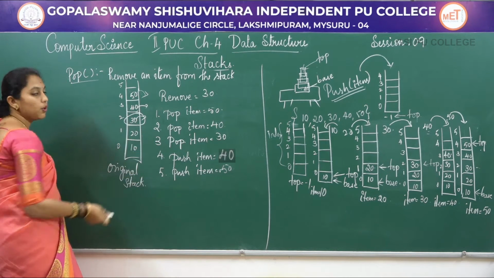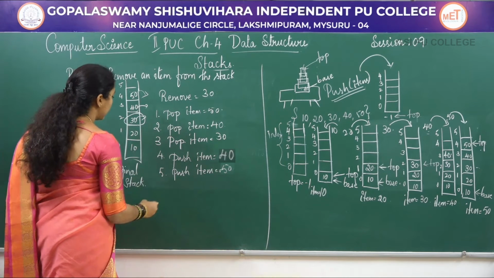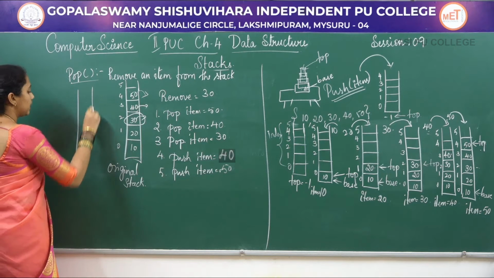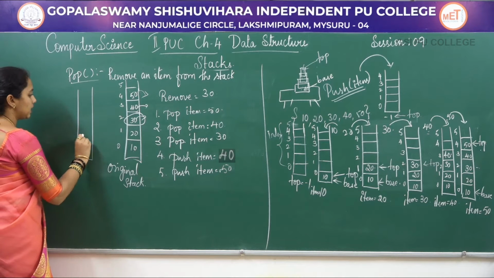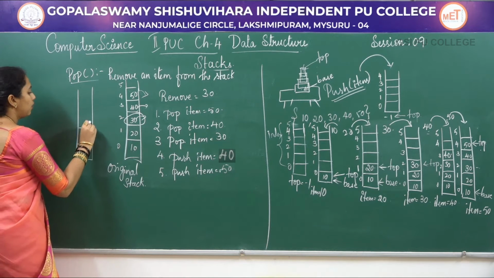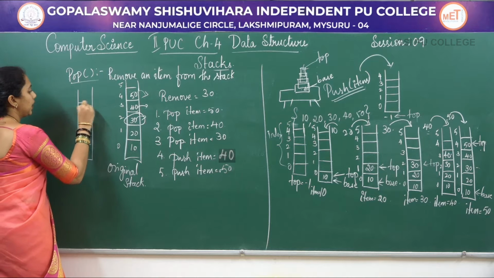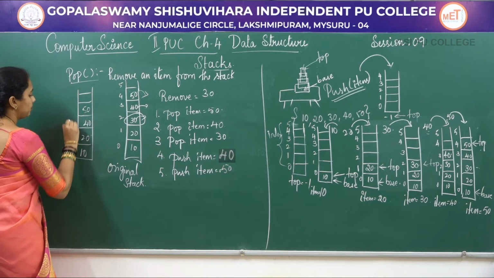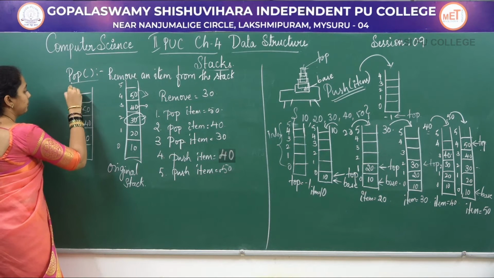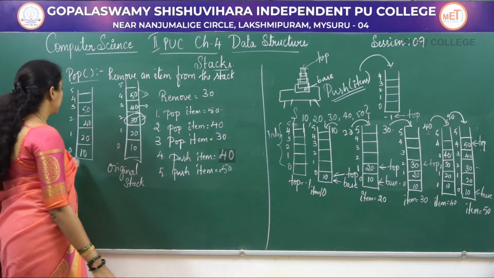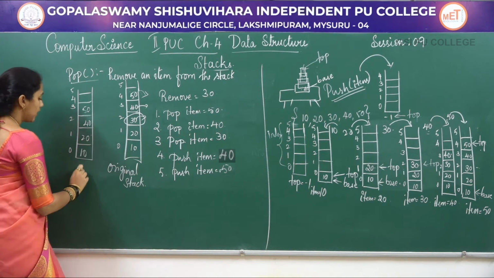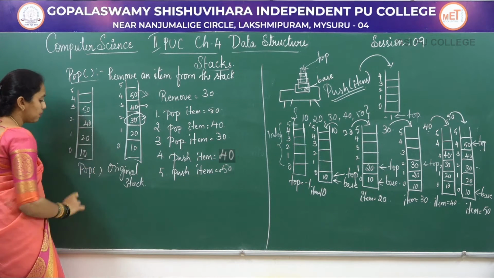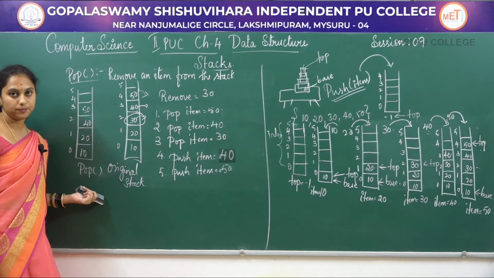So after removing an item from the stack, what is our stack now? Our stack contains 10, 20, 40 and 50 as the stack items. So this is after performing the pop operation.